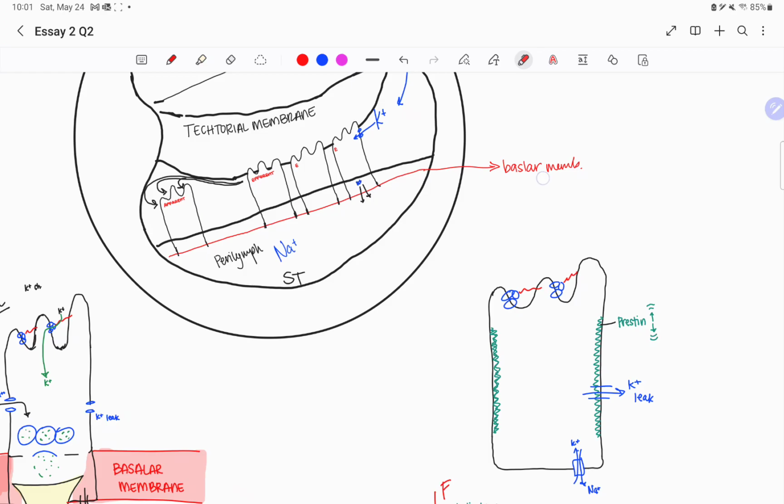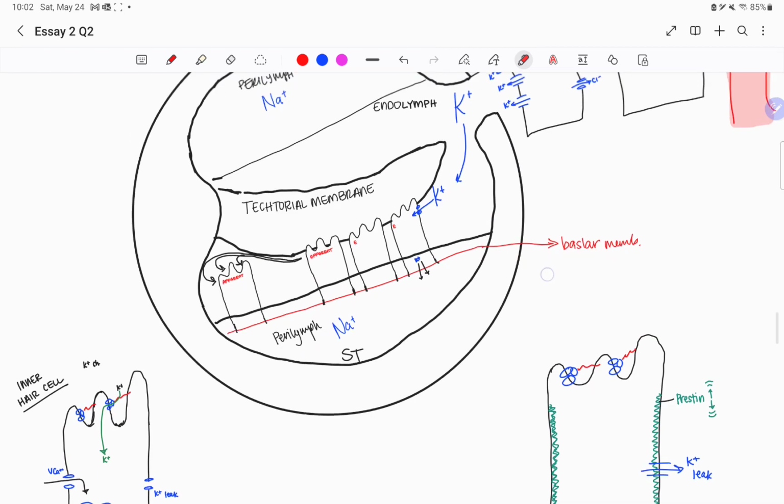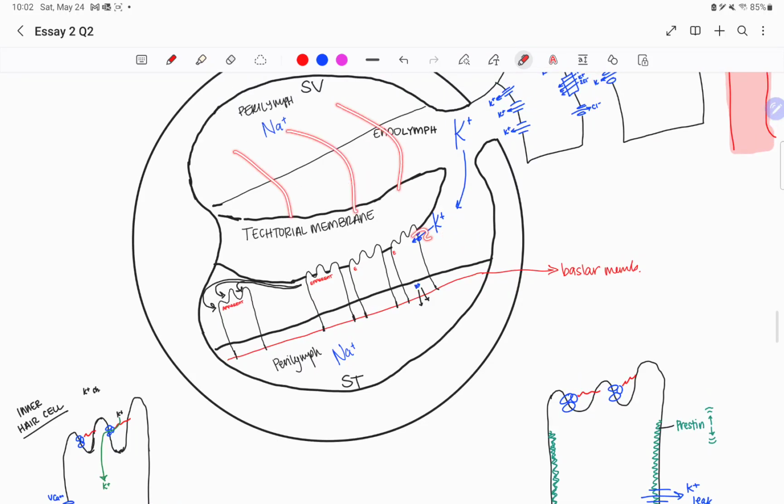What's cool about these outer layer hairs is that they have this protein on the inside called prestin. When potassium comes in, it activates prestin, and prestin starts to compress and push and pull, so it goes up and down. This causes even more vibration, so it amplifies the waves that are already coming through here even more.